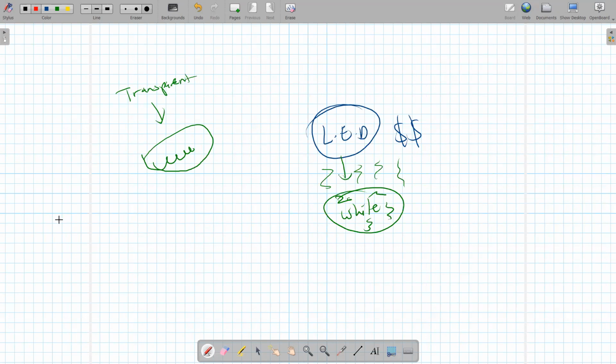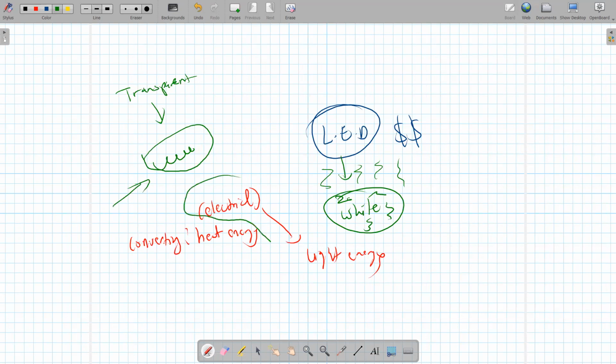So if you think about what exactly electricity is doing, it's an energy transformation. It's converting electrical energy into light energy. That's what the bulbs do.